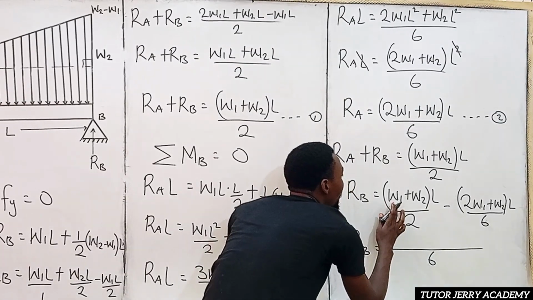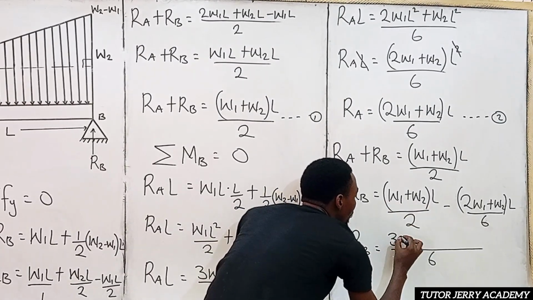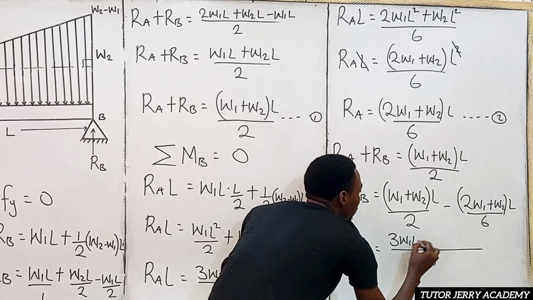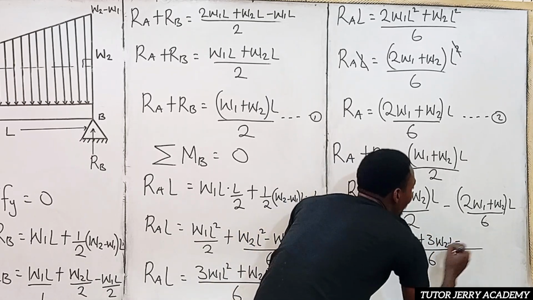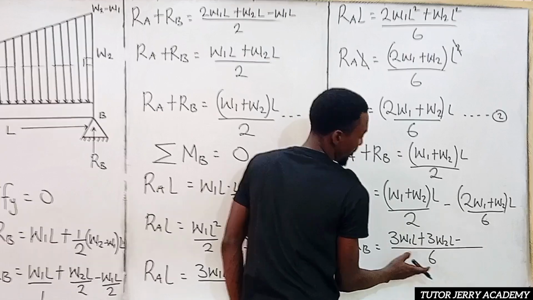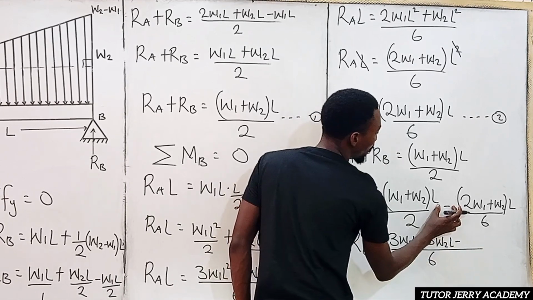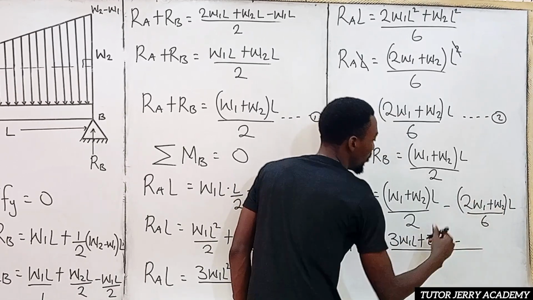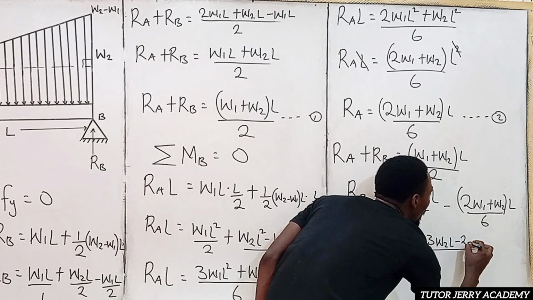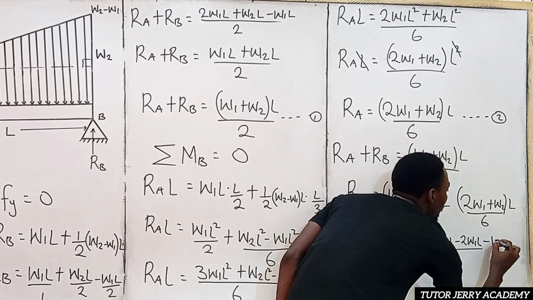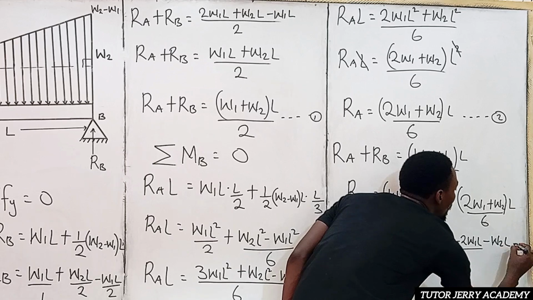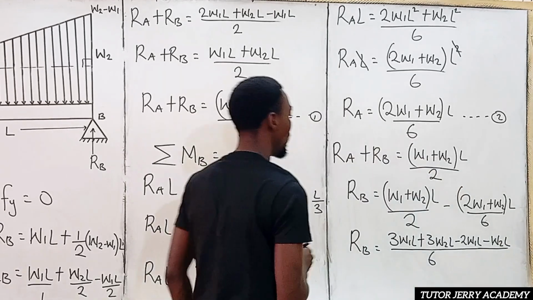So 3 multiplied by this multiplied by L is 3W1L plus 3W2L minus 6 in 6 is 1. So minus 1 we multiply everything with L. So we are going to have minus 2W1L then minus W2L. Alright. So everything over 6.